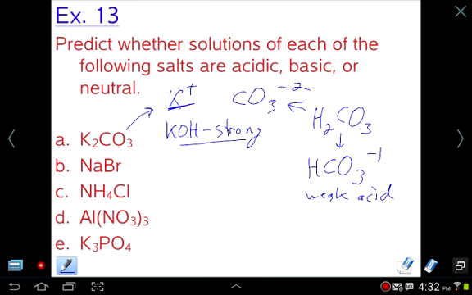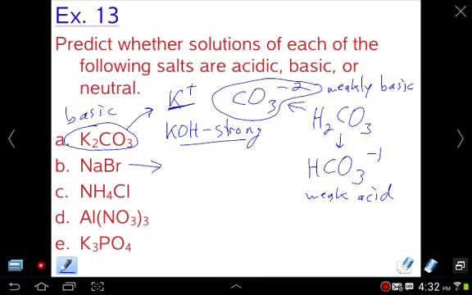It being a weak acid then produces a weak base, and carbonate will be weakly basic. And if you recall in class, we showed how carbonate, sodium carbonate or potassium carbonate, creates a basic solution. So this guy will definitely be basic.